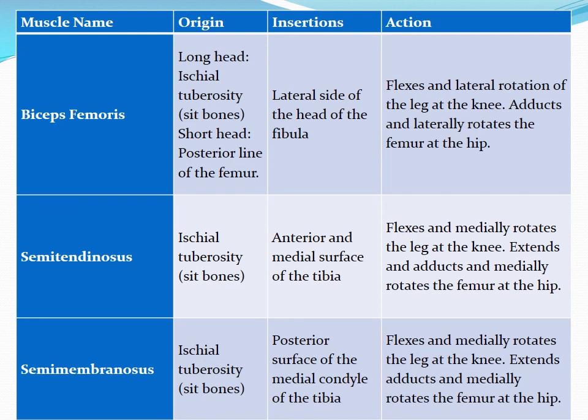It's going to flex the knee, and then it is going to extend the hip. So in the simplest ways, don't worry too much about these subtle medial and lateral rotations. If you want to memorize that, fine. But when you hear hamstrings, you are going to think ischial tuberosities attaching into the leg bone. They flex the knee and extend the hip. It crosses two joints. It acts on two joints.